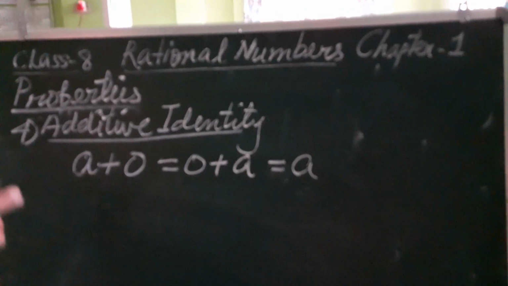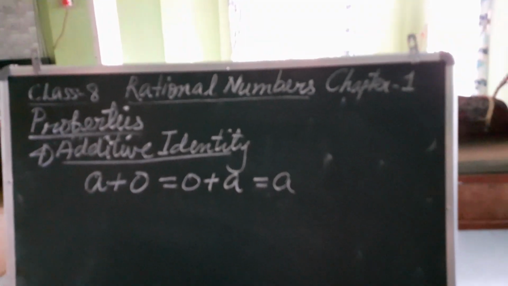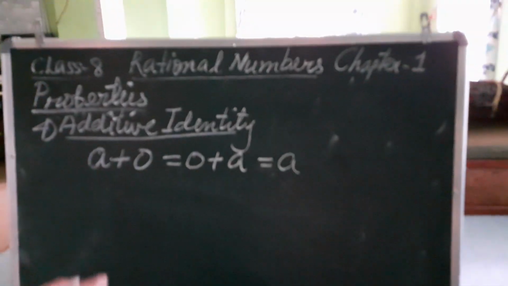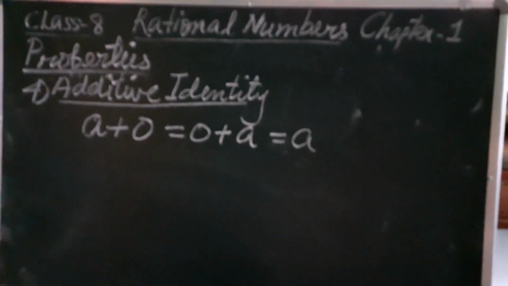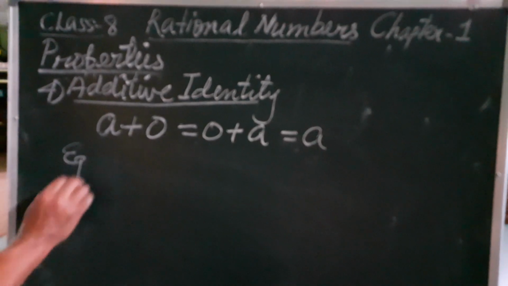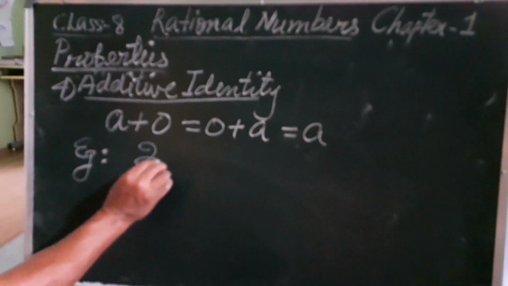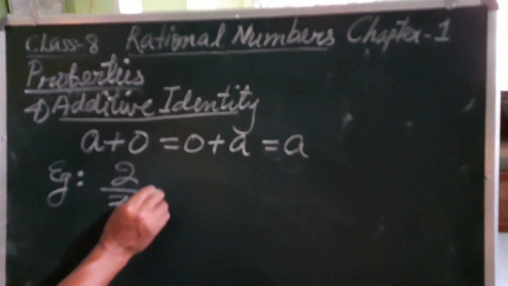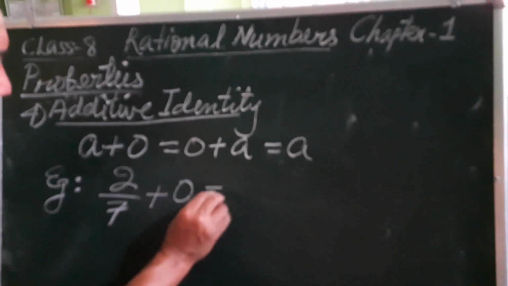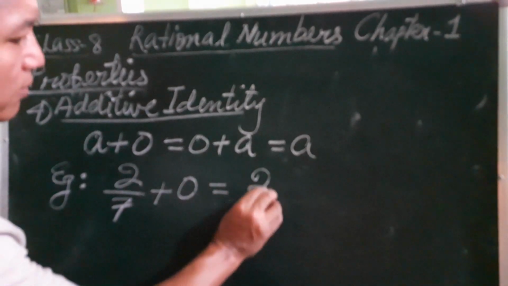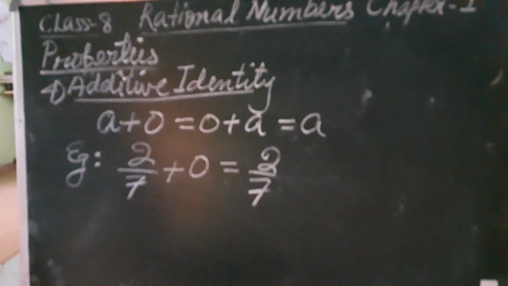This means that if you add 0 to any rational number, you will get the same rational number. For example, 2 by 7. If you add 0 to this rational number, the answer will be 2 by 7 itself.